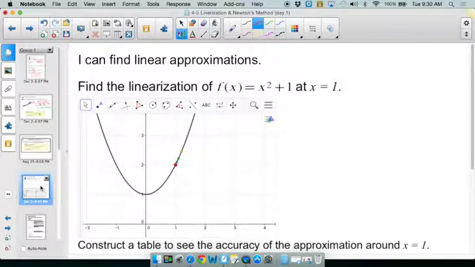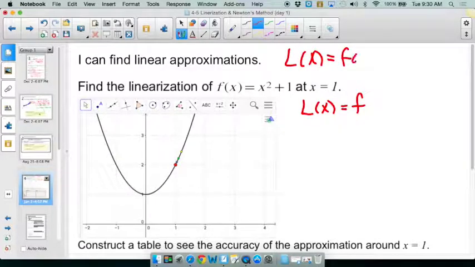So we know that our linearization is the value at a plus the derivative at a times x minus a.